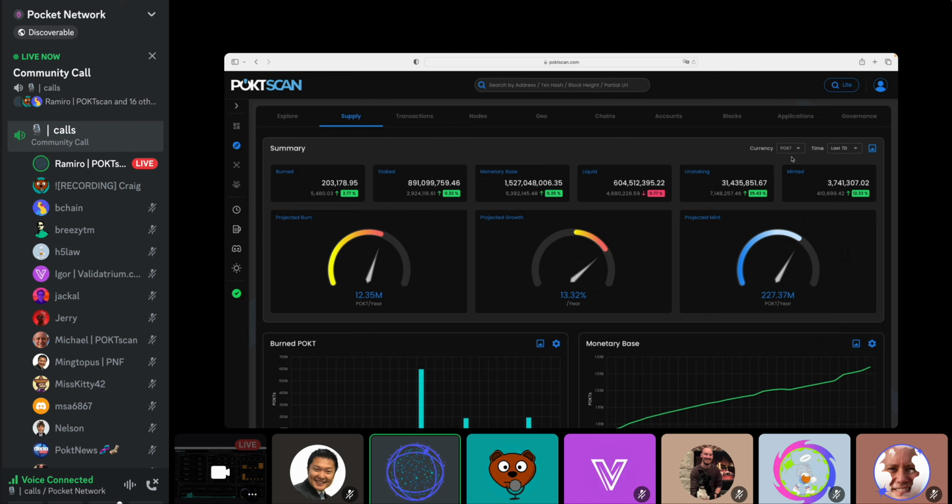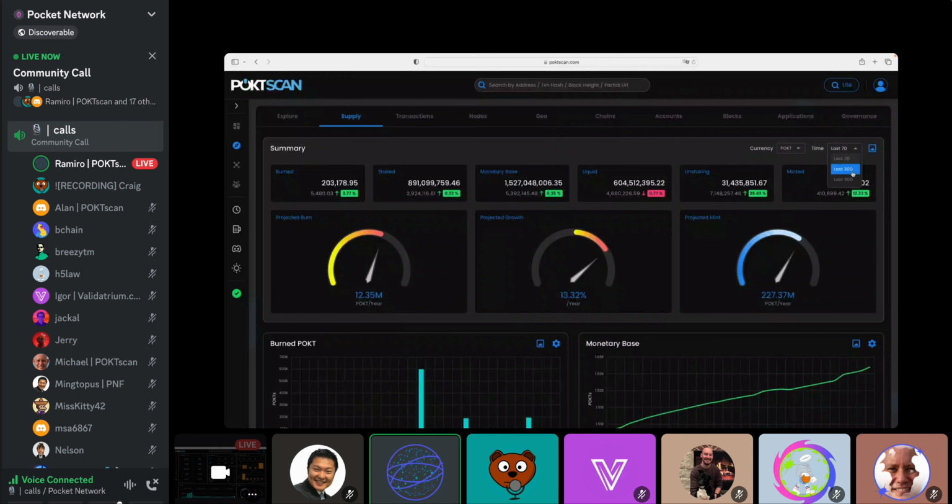We are developing a way to track the price as fairly as possible, so it will take us some time to get this running in USD, but for the time being, you can only choose Pocket. Also, you can choose a time frame to use as the calculation base for the summary: 7 days, 30 days, or 90 days.